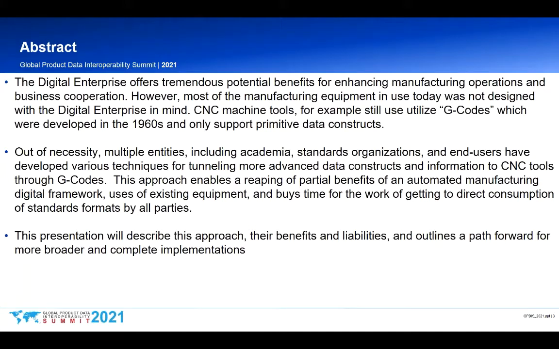And we really have to think outside of the box here and say, how can we find interim solutions so we can get value now with machines we have and still keep marching forward to the digital twin? Because it's not very practical that we would all go out and replace all of our machining at this point. And we do need to find a pragmatic way to make it work, so we can get to the goals that we want.